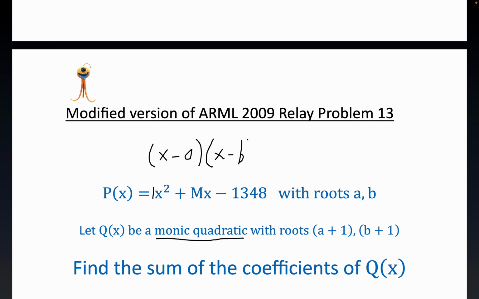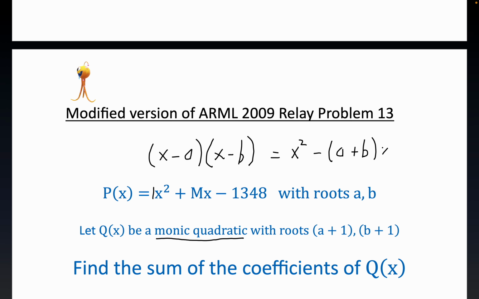Now when you expand this out, you get x squared minus (a plus b) x. And minus (a plus b) is the coefficient of x, so it's the negative sum of the roots that presents as the coefficient of x.